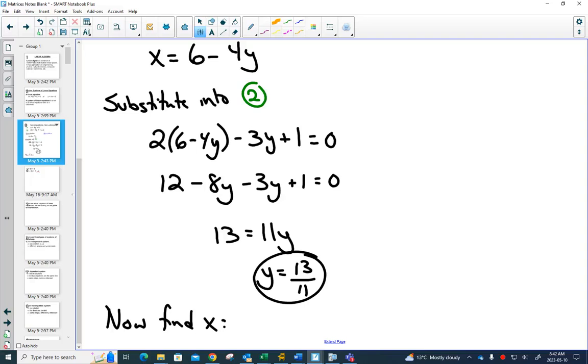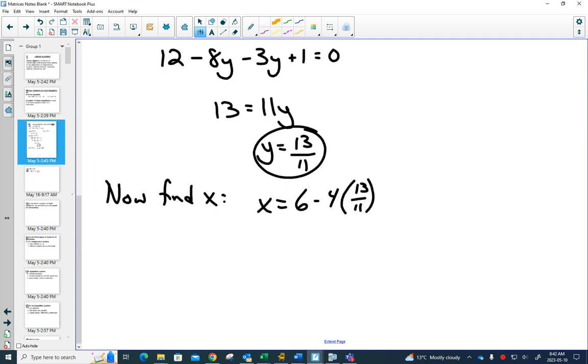So we've got this already isolated: 6 minus 4 times y. And 66 minus 52 would be 14 over 11.